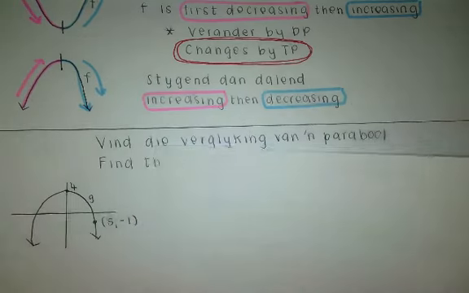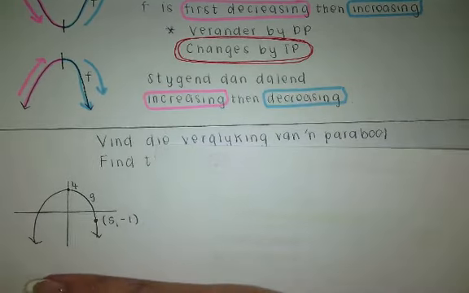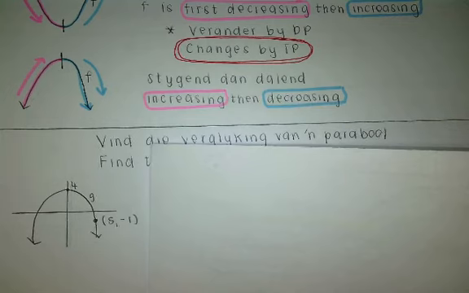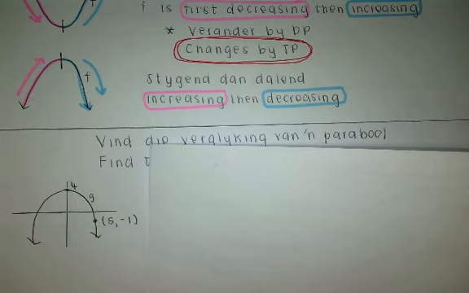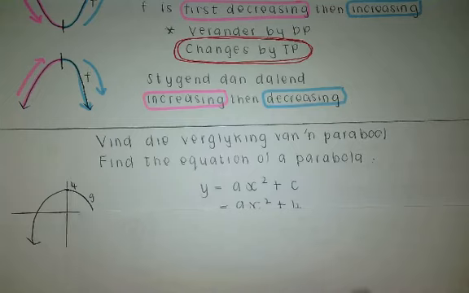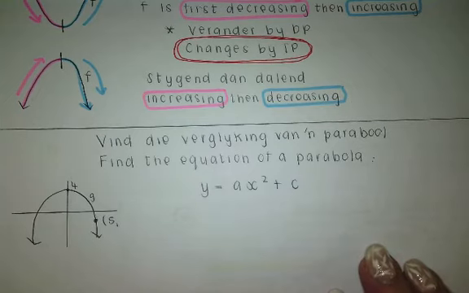Right, so in a test, all that's going to be given to you is that. Find the equation of that graph. Just like we did for linear, your first step is to write down the general form of whatever graph you're working with. That is quadratic, which is y equals ax squared plus c. After you've written it down, you have a look at what they give you.